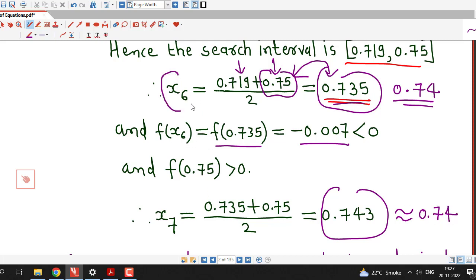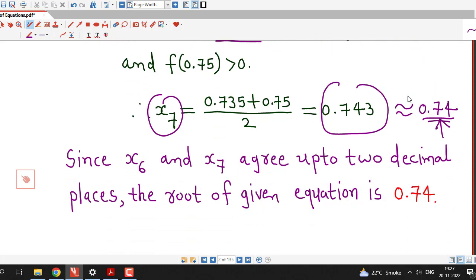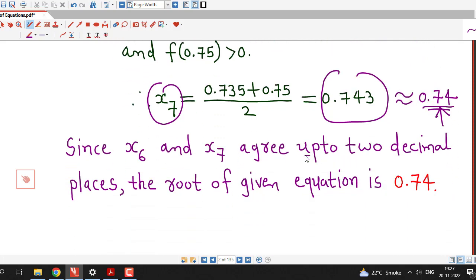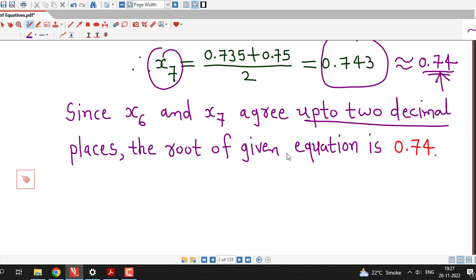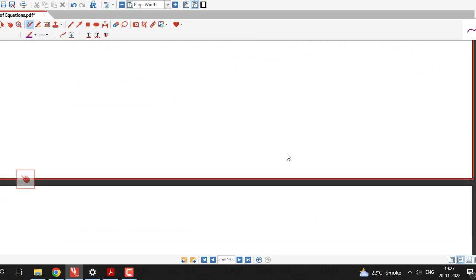So x6 and x7 agree up to 2 decimal places, and we are asked to find out root up to 2 decimal places. So therefore we can stop here. 0.74 is the root of given equation correct up to 2 decimal places, because x6 and x7 agree up to 2 decimal places. So this is very easy method.